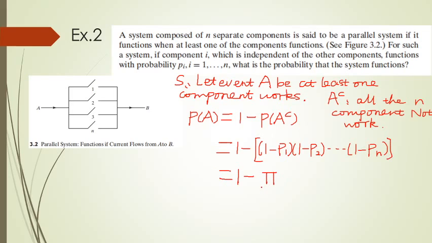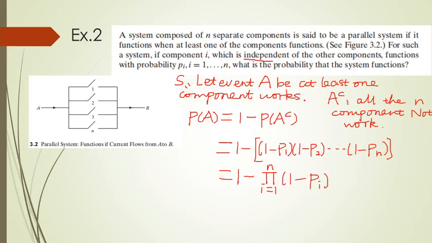It's not a Riemann sum, but similar to that. The index i from 1 to n of 1 minus pi. That means the product of 1 minus pi. We can write it in this way. So it's pretty easy. And here we make use of the independence.